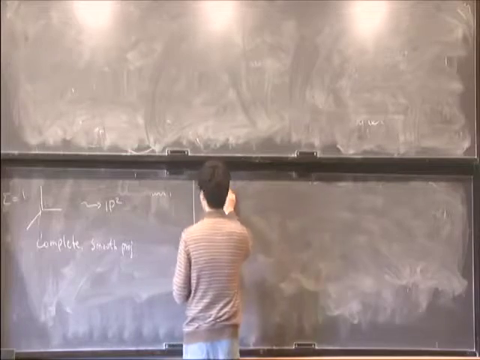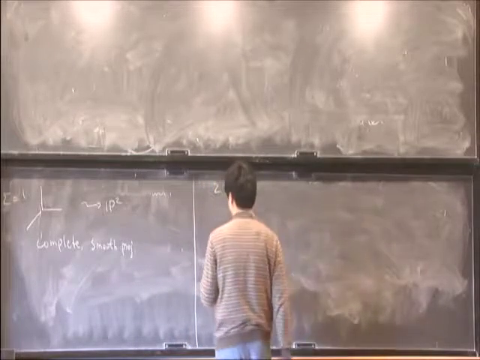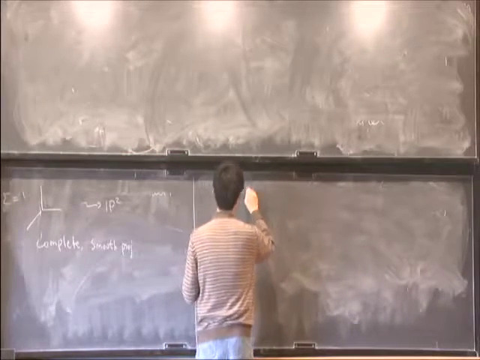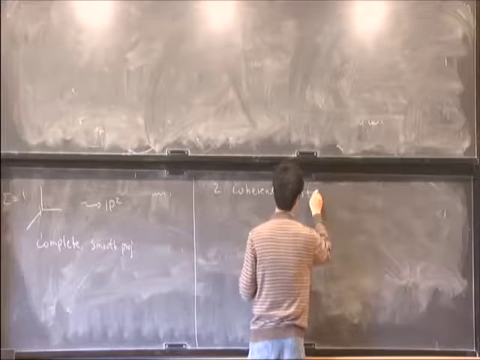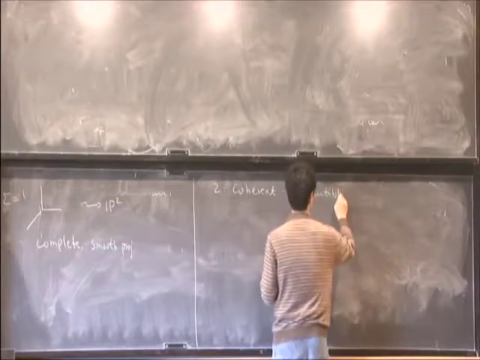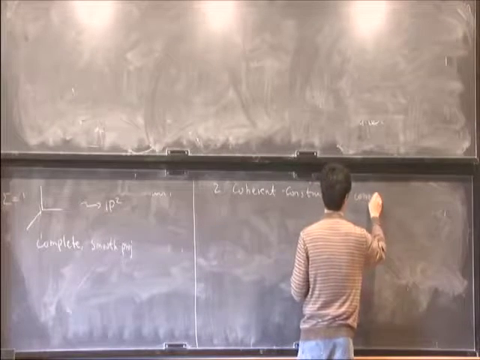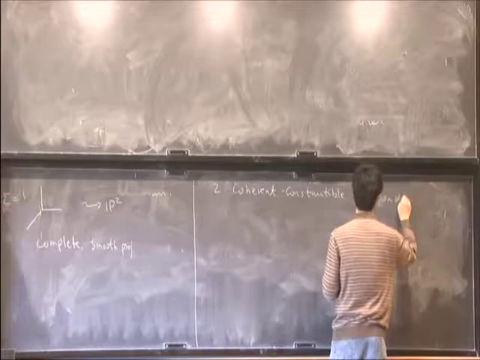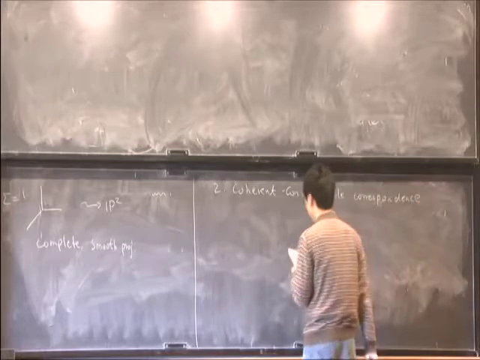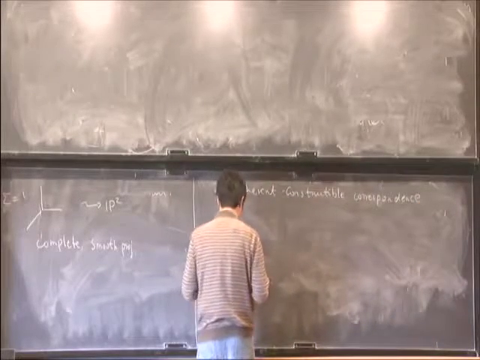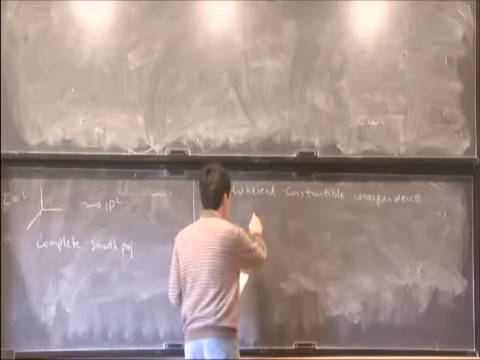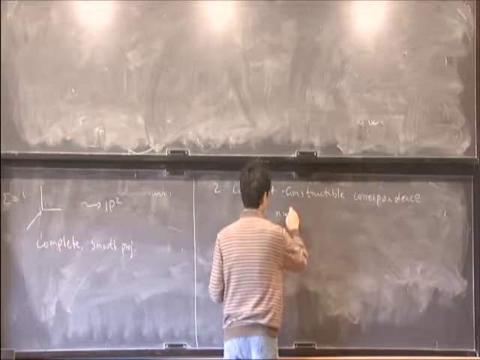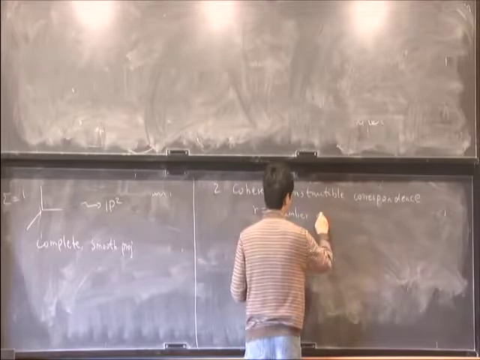Okay, so here's the second part. After we fix this toric variety notation, this is coherent constructible correspondence. First is some motivation for that. R is the number of 1-cones.